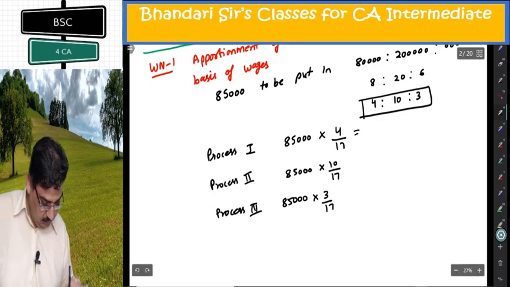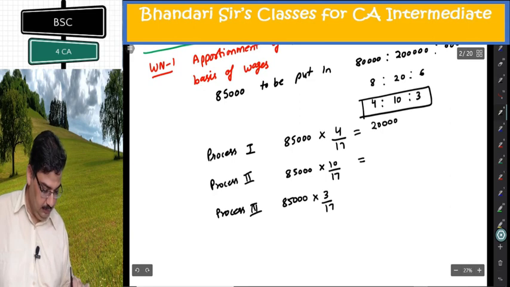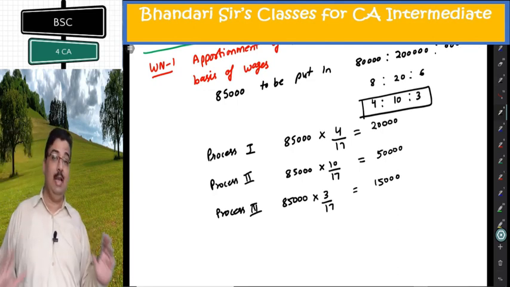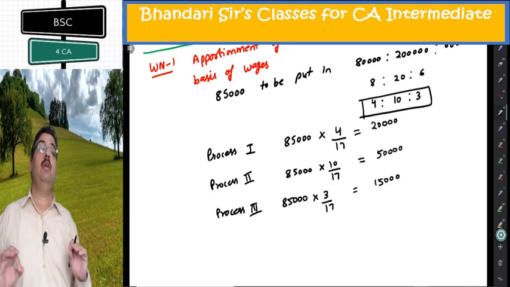So this becomes 20,000, 50,000 and 15,000. Once I get this, the 3 process accounts are very easy.